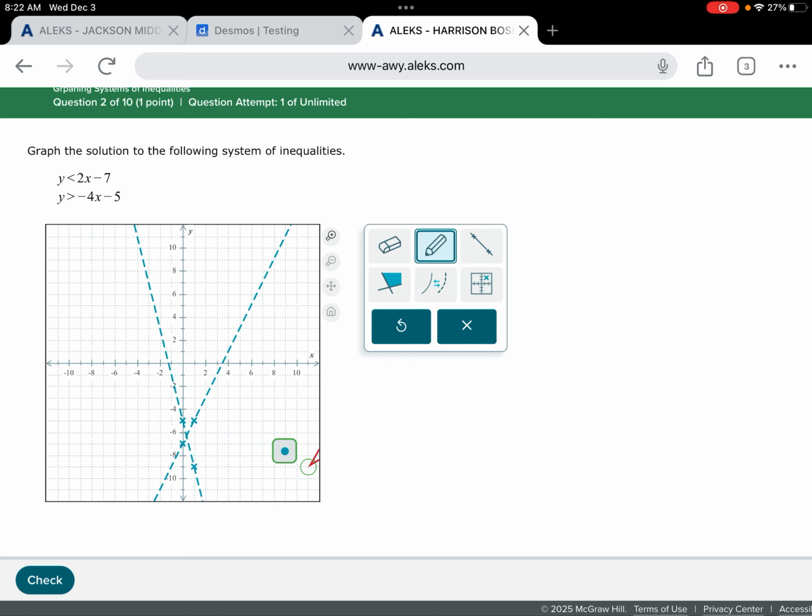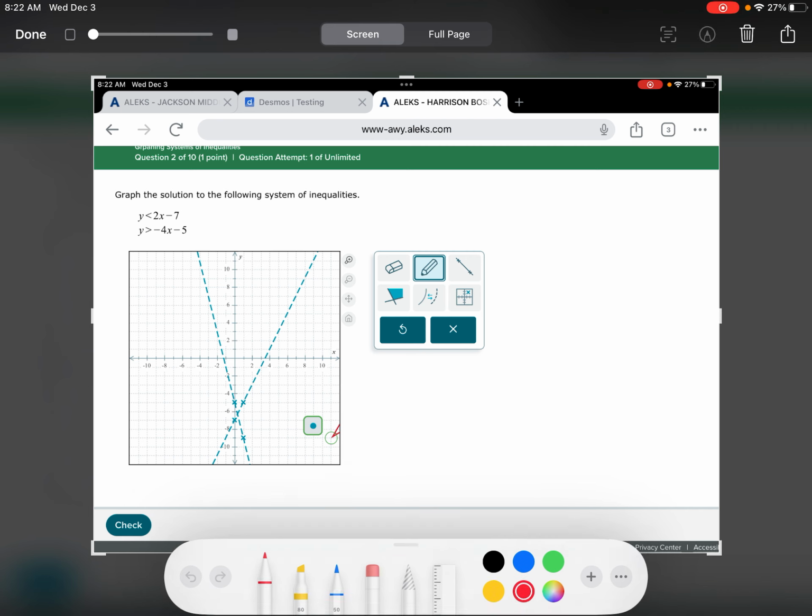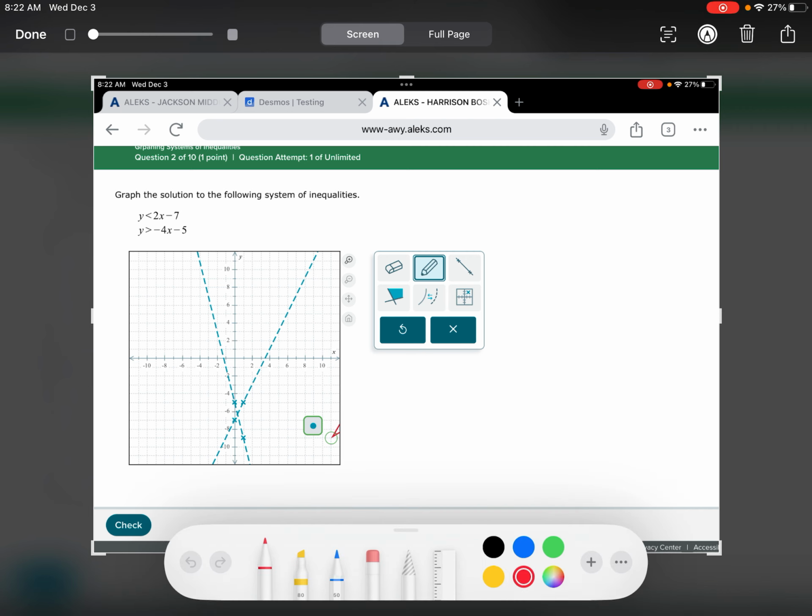I'm going to take it over to the photos again so I can draw on it. And then we can figure out which of these areas both of them are shading in. So let's go check. Bring this over here. There we go. Okay. So let's look at our first line, which had the y-intercept of -7.